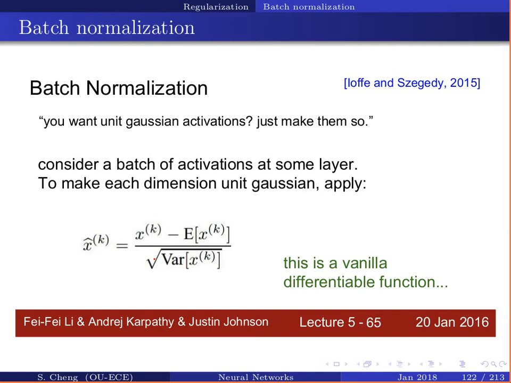So the idea is, for example, if you have a tanh layer or something like that, in some cases you may want to make sure that your input is not saturated, in the sense that you want the input to be in a certain range.